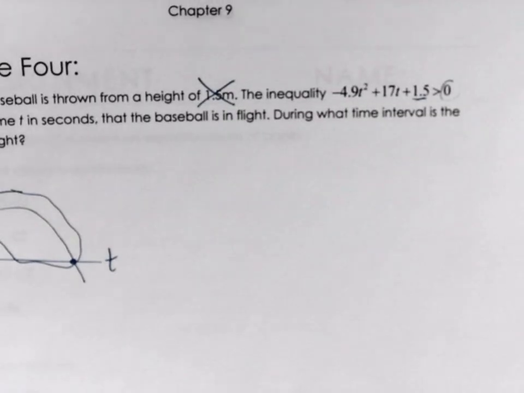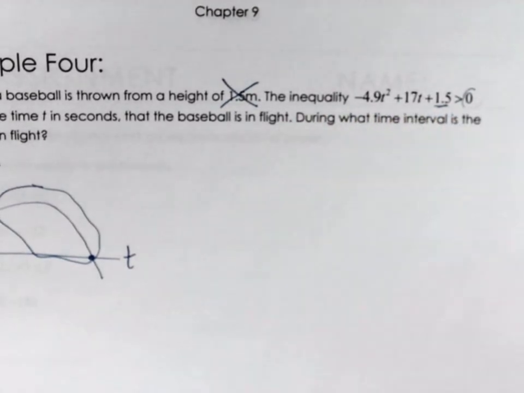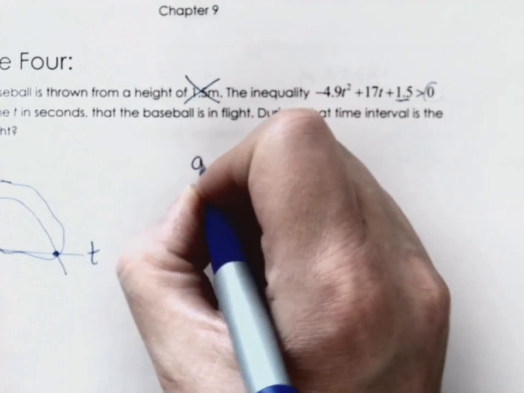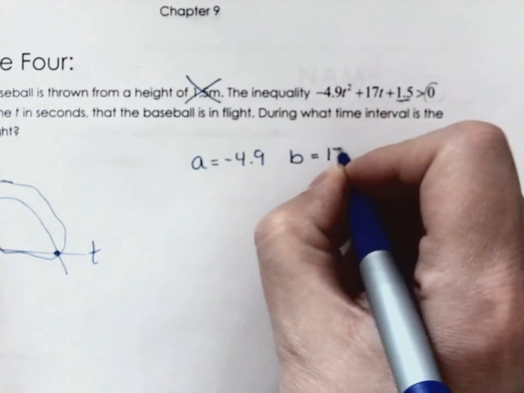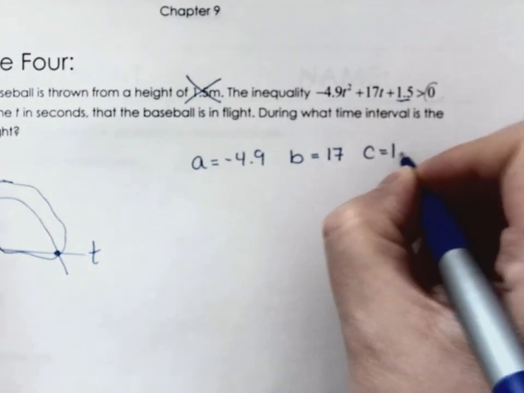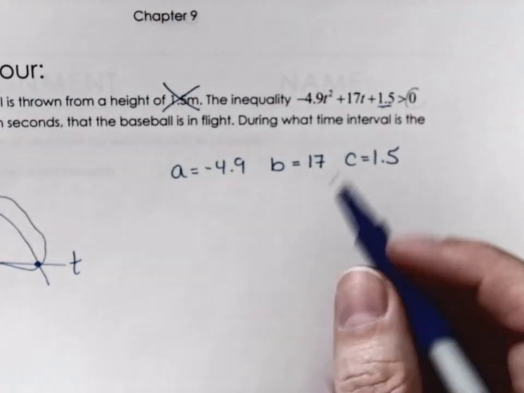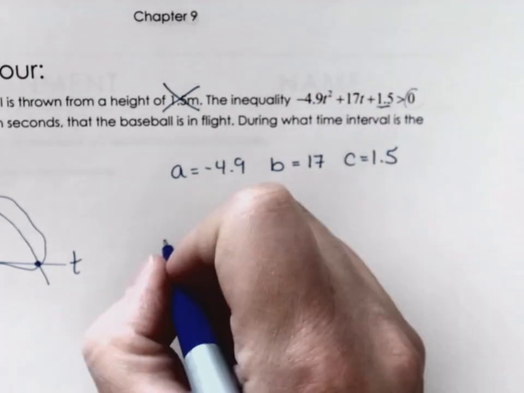So really, we're going to have to use our quadratic formula because none of this is nice. None of this is nice to solve. So a is equal to negative 4.9, b is equal to 17, and c is equal to 1.5. And I always do this because it helps my brain keep myself organized, especially if I'm missing that middle variable.